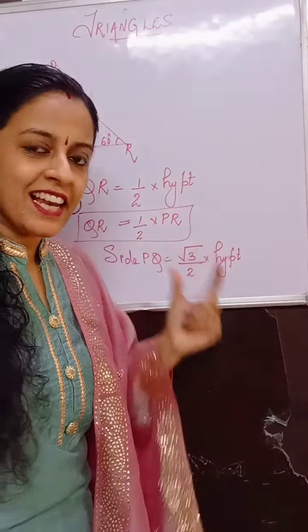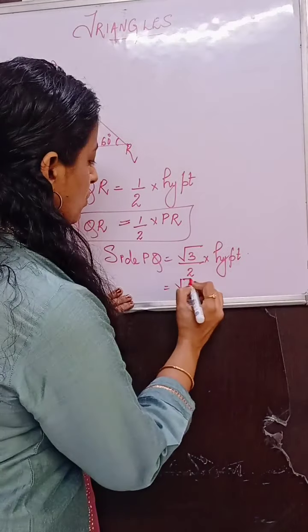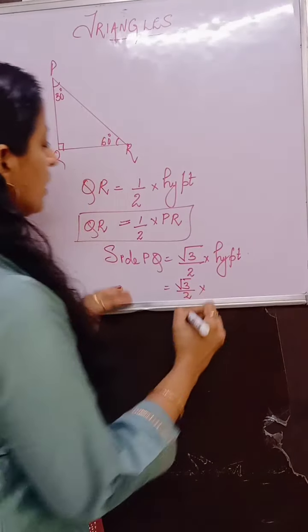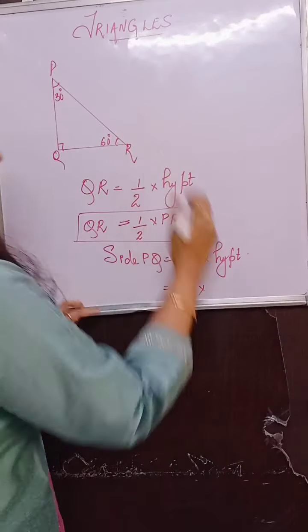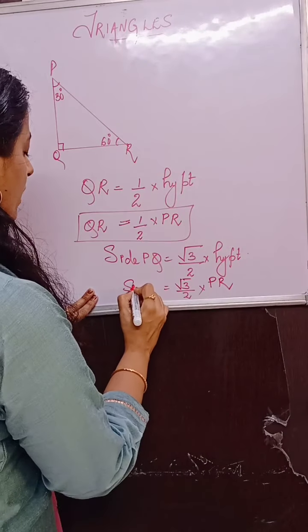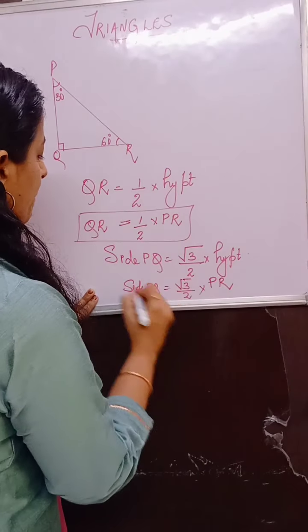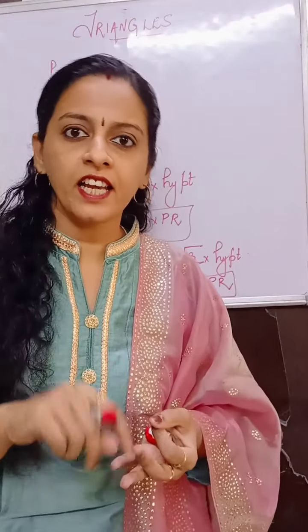Everything is related to the hypotenuse. For this triangle, the hypotenuse is side PR. So PQ is root 3 upon 2 into PR. These are the two properties related to the 30, 60, 90 theorem.